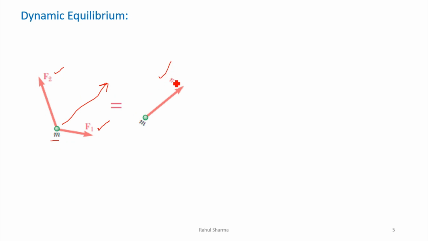Due to these two forces the object will start moving in this direction, as the resultant of the forces, summation F, so the object is in motion. But if I have to make it in equilibrium, then in this case summation F is equal to ma.